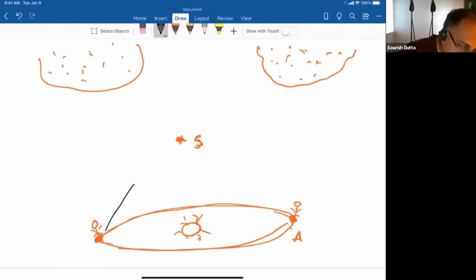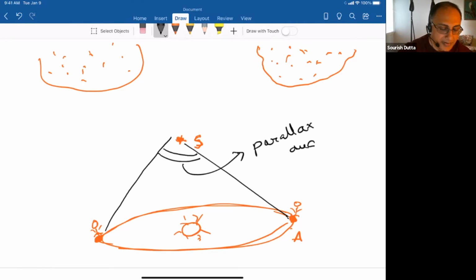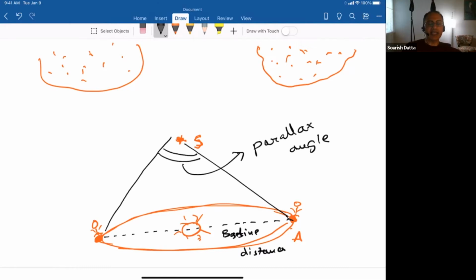Now, from that subtle shift in position of that star, I discussed in my video that it's possible to measure this angle right here. And this angle is called the parallax angle. If you know the parallax angle, and if you also know this distance, which is called the baseline distance, you can plug them into a simple formula and calculate the distance to that star.